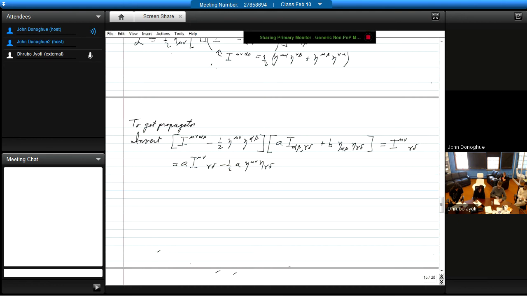This next piece here, B times I, is plus B eta mu nu eta gamma delta. It's the identity again. And then this last term is not the identity. Eta alpha beta times eta alpha beta is 4. So I have minus 2B eta mu nu eta gamma delta.